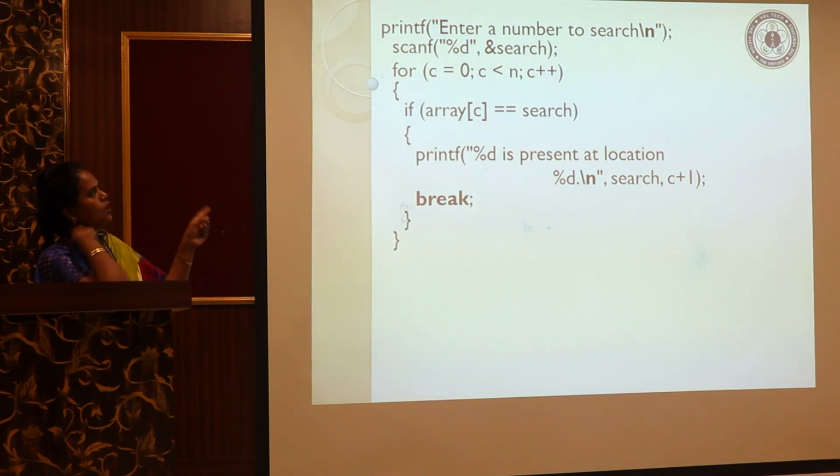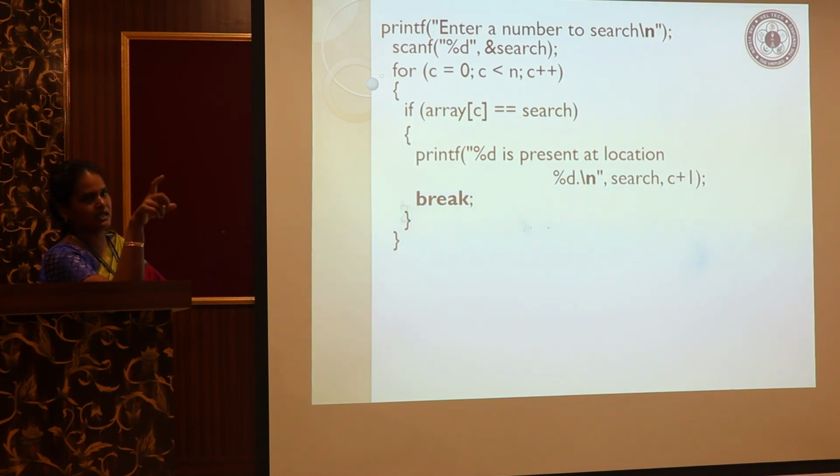So I find out whether array of 0 matches with the search element. If it has matched, you have to print that the search element is present at the location c plus 1. Why? Because the array starts with index 0. But when you look into the array, we say that 4 is present in location 4.